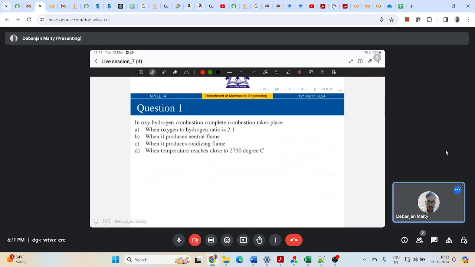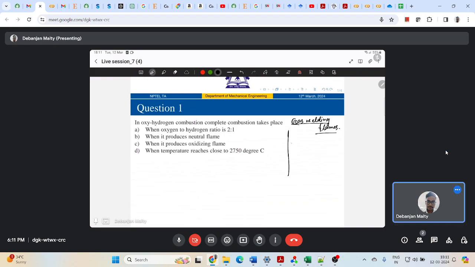In terms of different kinds of flames, what we had talked about, we had three different kinds of flames. Let me take black. What are my three different kinds of flames?